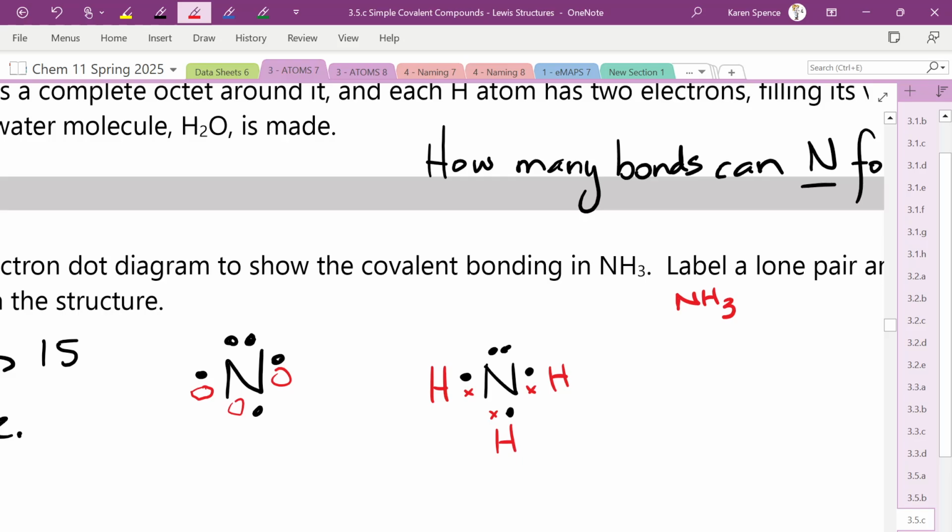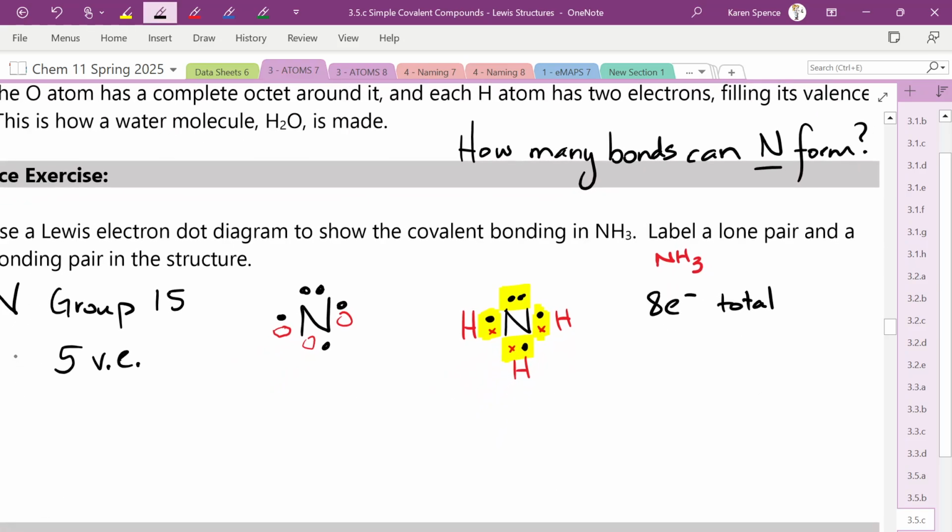So if we count up all the electrons in there, we have 8 electrons total. 2, 4, 6, 8. And let's remember, nitrogen had 5 valence electrons.